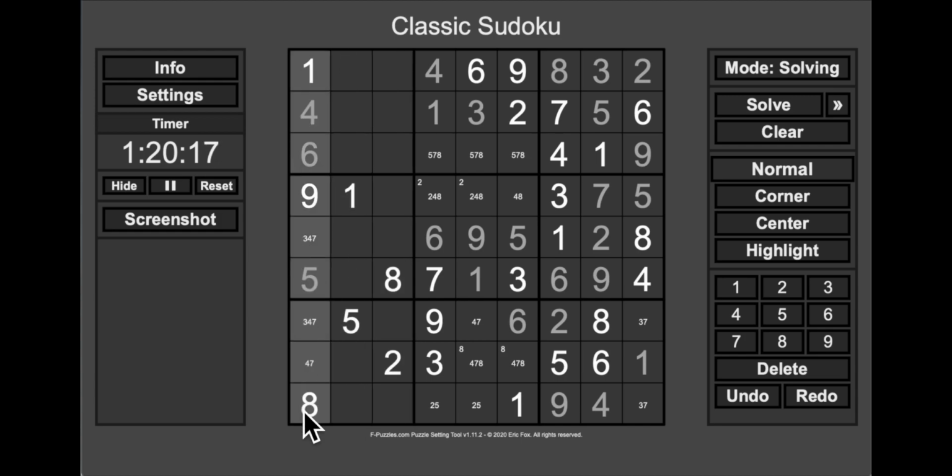Well, okay, I basically need to reconstruct the entire left third of this grid because that's the only thing I can do now. We said that these were 5, 7, 8. If that's correct, this is 2, 3, 6, right?